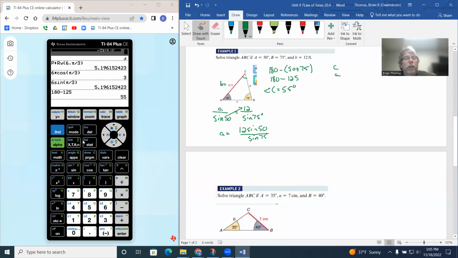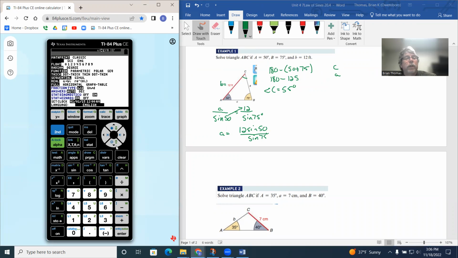So if I can put that into the calculator, notice how I'm in degrees now. So my mode on my calculator has to be in degrees, and I changed it. That's the hardest part about this, is remembering that you're going back and forth with your modes.